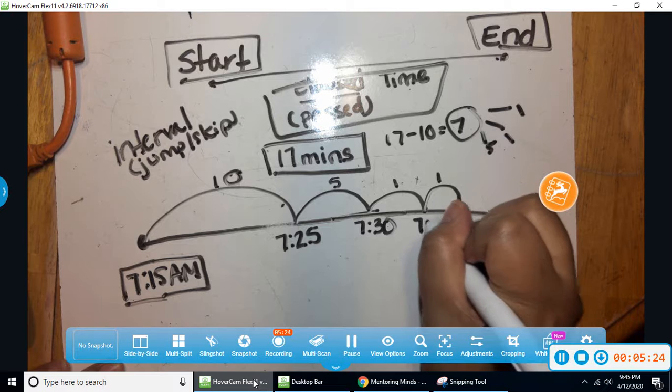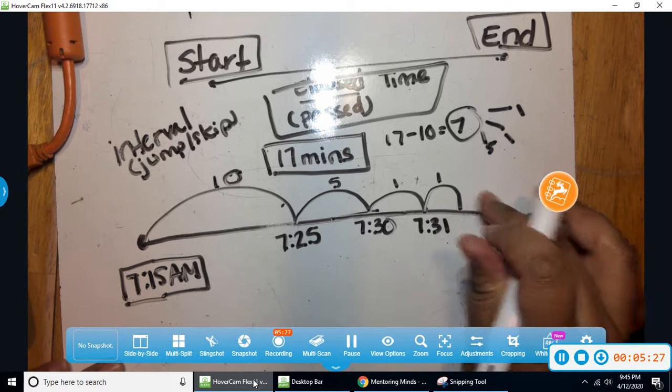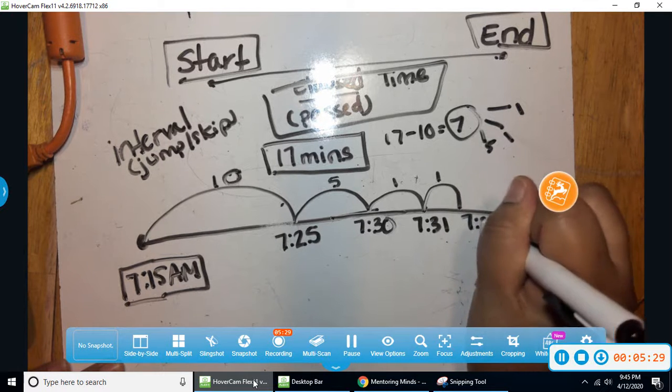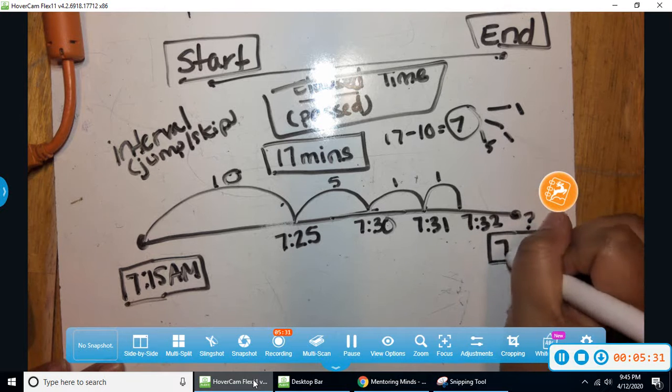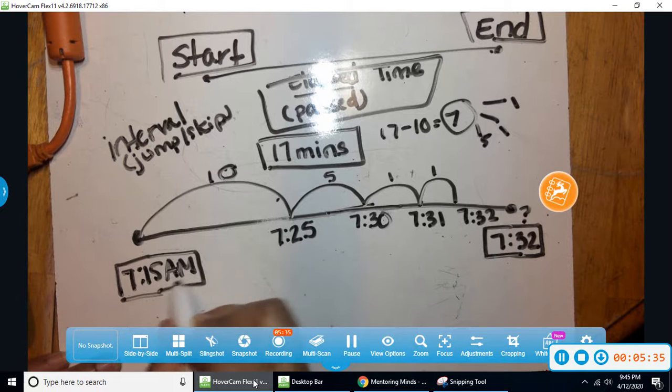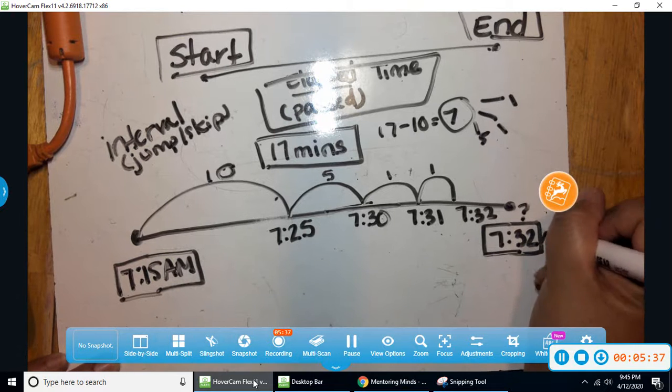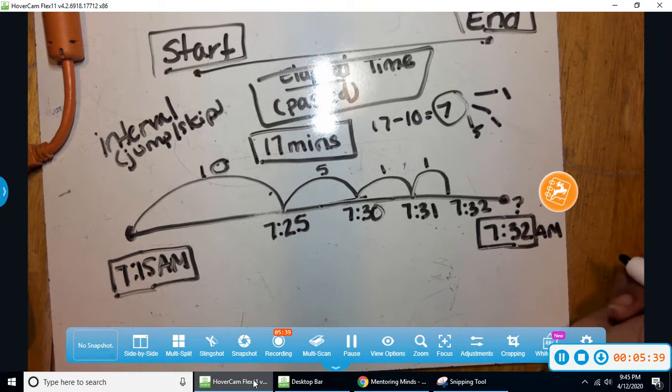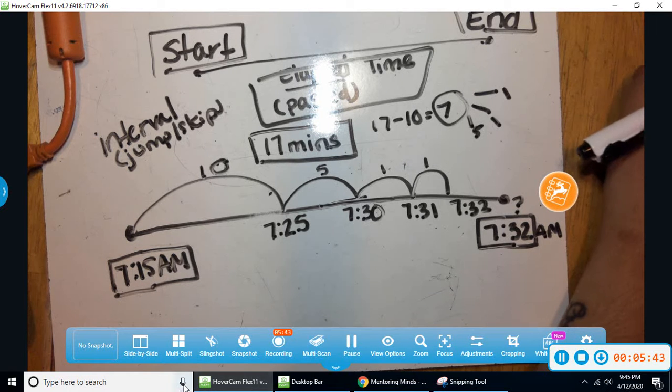That would be 7:31 and 7:32. So my end time is 7:32, and since we were given AM or PM, it's going to be 7:32 AM. So hopefully that helps.